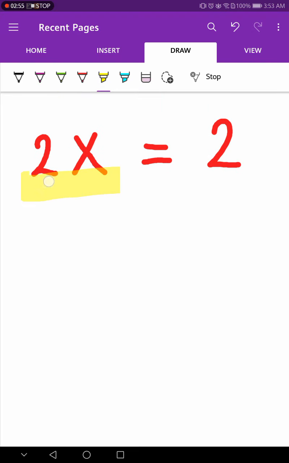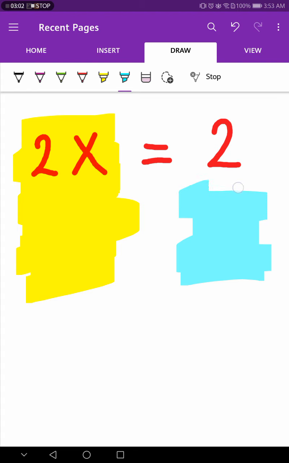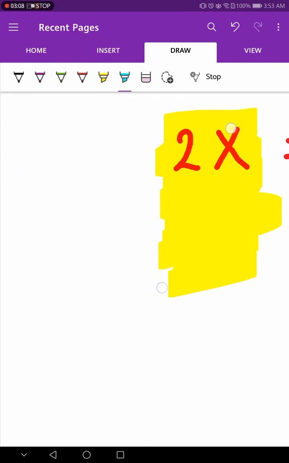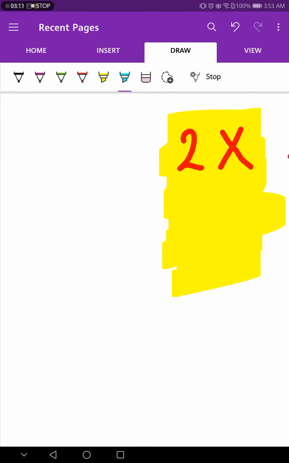Split or determine the left and the right. Go to the side that has the variable. What do you have here? Yes, as we said, we have multiplication. What is the inverse of multiplication? It is division.